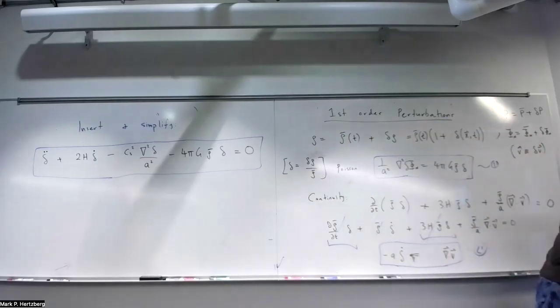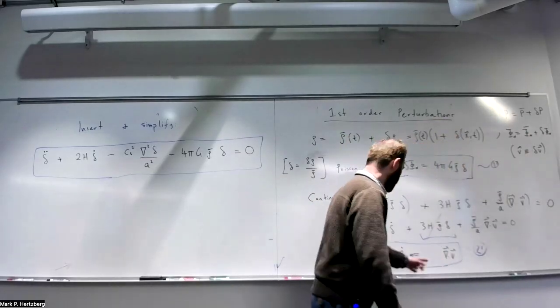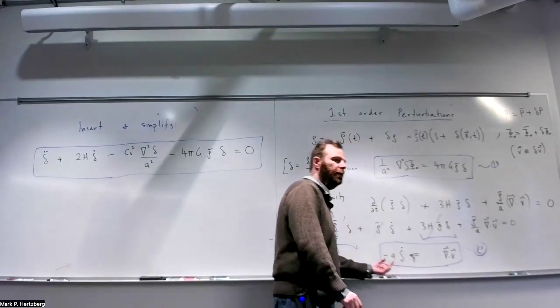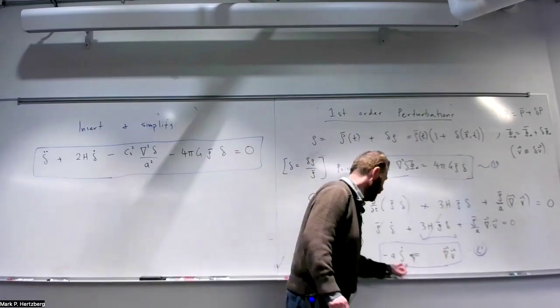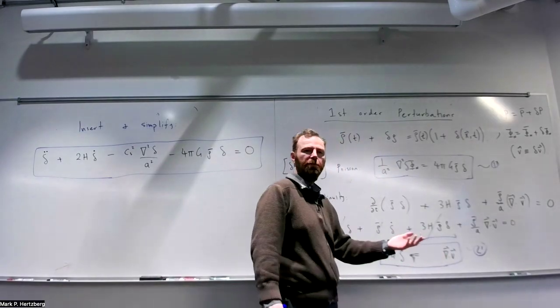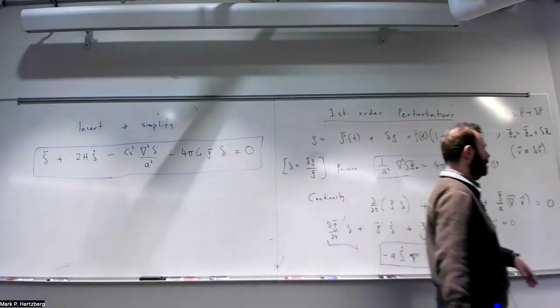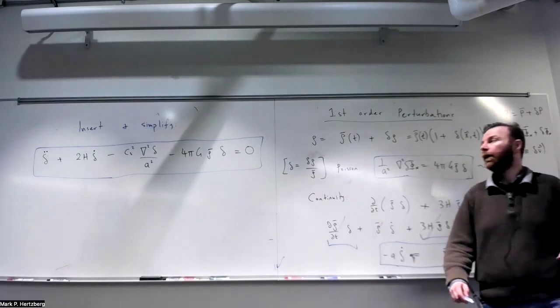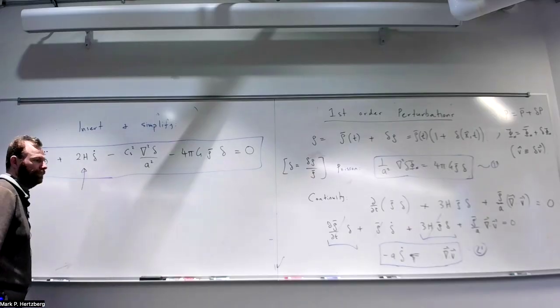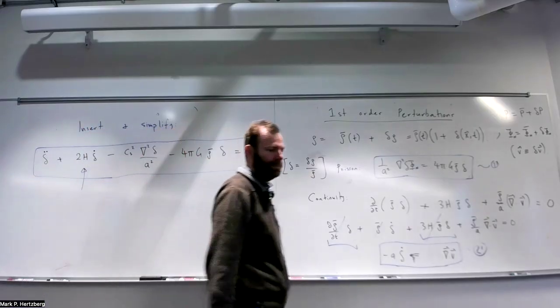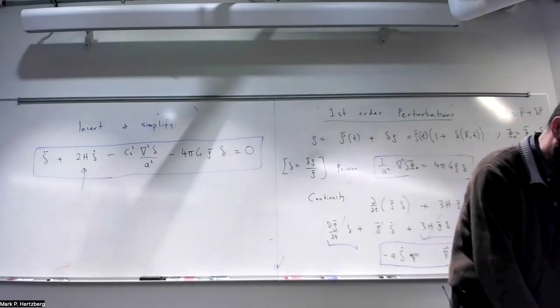So when you do the insertion there, you see not only will you get a second time derivative of delta, which I've pulled out the front, you will also get a time derivative acting on a, and a dot is proportional to Hubble. So you'll get this type of H v term twice, and you end up with the 2H. So that's the only little step you have to do to go from there to there.